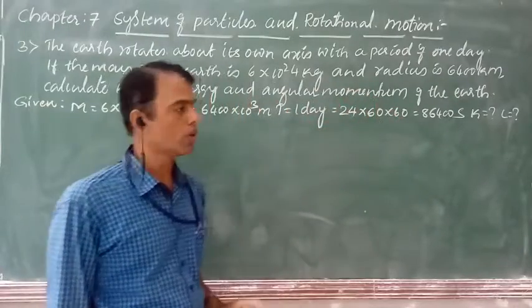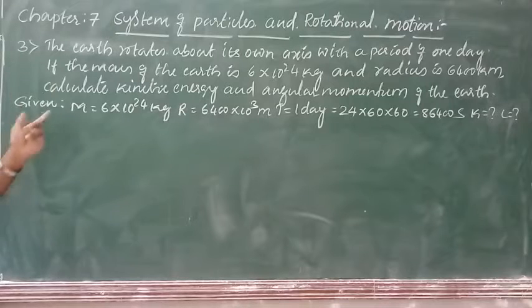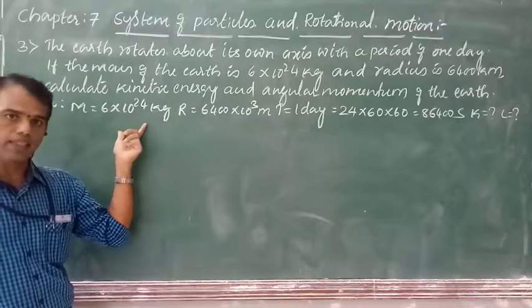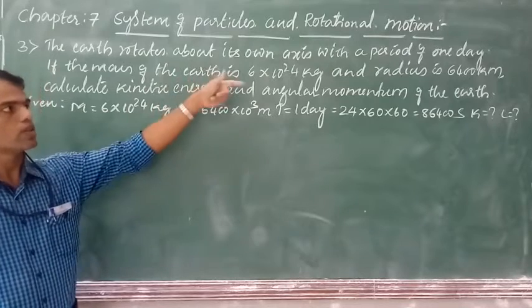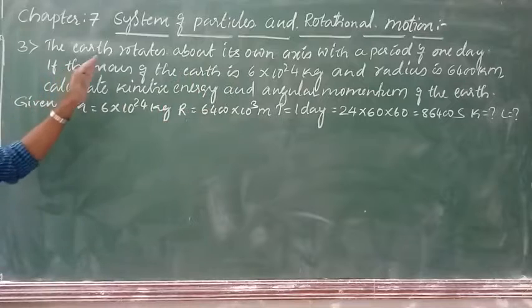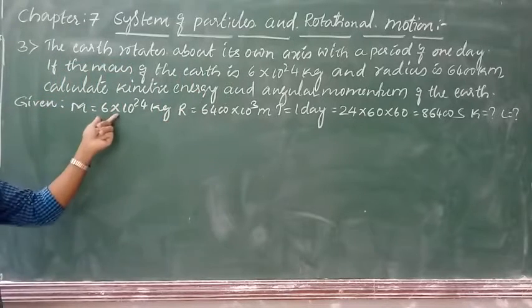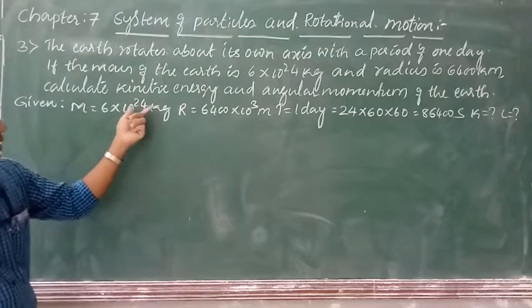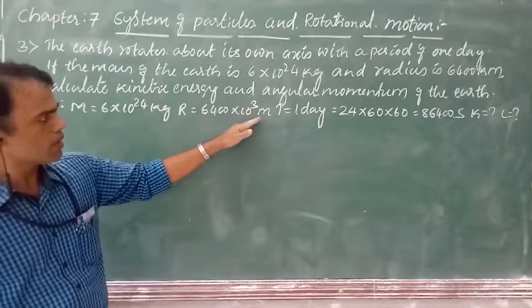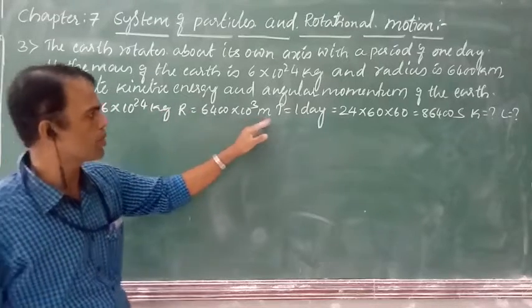So we want to know the kinetic energy and angular momentum of the Earth, which is rotating about its own axis in 1 day. That is what they have given. The mass of the Earth is 6 × 10^24 kg. The radius of the Earth is 6400 × 10^3 meter, which is nothing but 6400 kilometer.